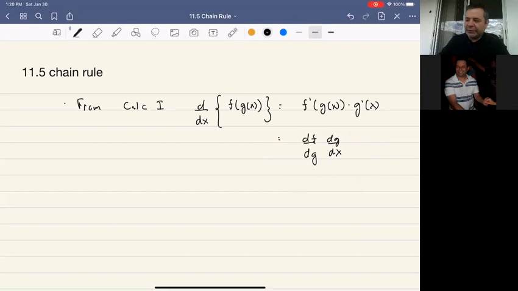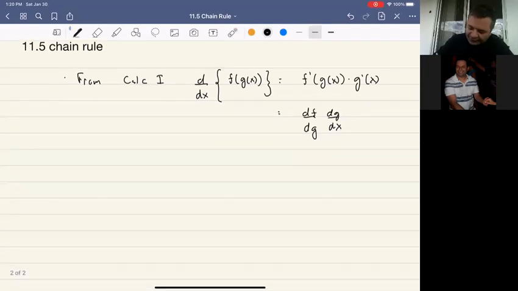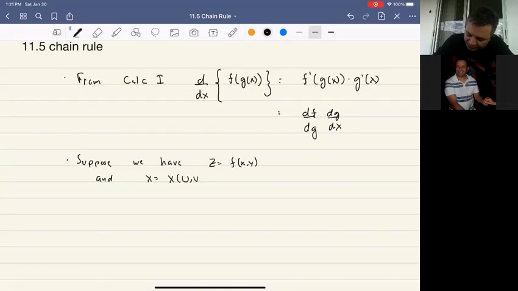Okay, so let's look at the next version, the Calc 3 version. Suppose we have z equals f of x, y, and x is some function of, let's say, u and v, and y is some function also of u and v.